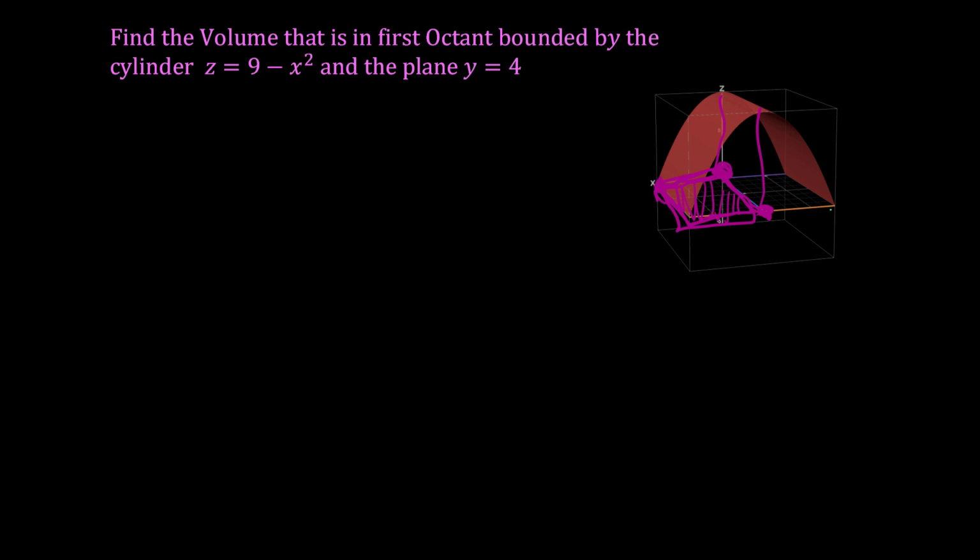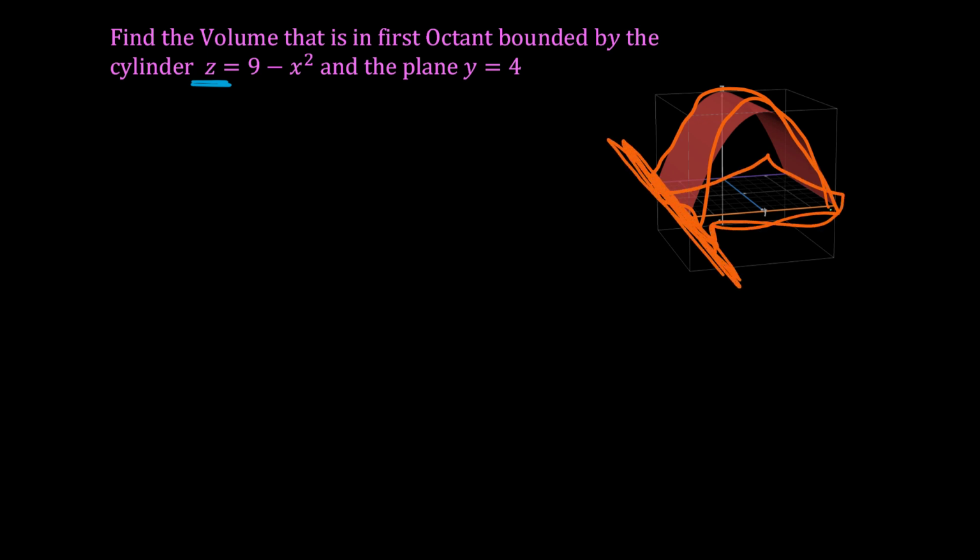So let us start. But before finding the volume with the integral, first we have to find the value of x where this surface crosses the xy plane. For finding this, we simply set z equal to 0. When we set z equal to 0, we are finding the intersection of this surface with the xy plane.